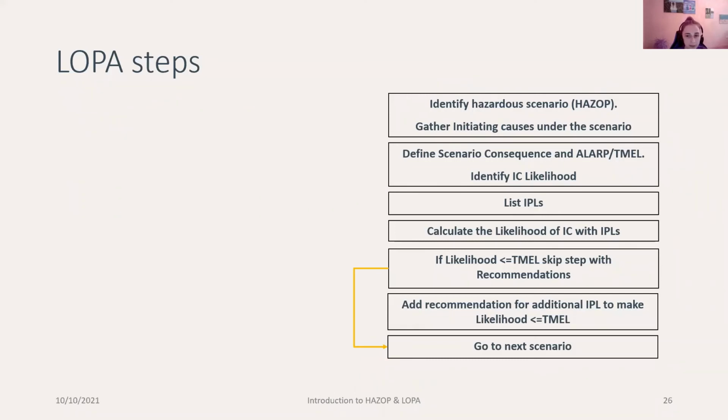All IPLs have their probability of failure on demand, meaning how possible it is that these safeguards will fail. It is also expressed as a number, which, how can I explain that in simple terms?